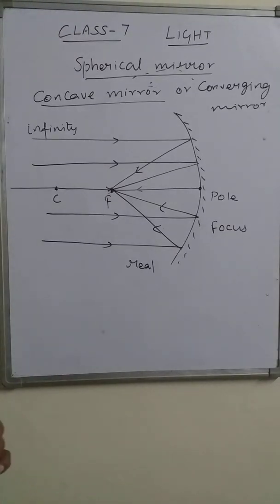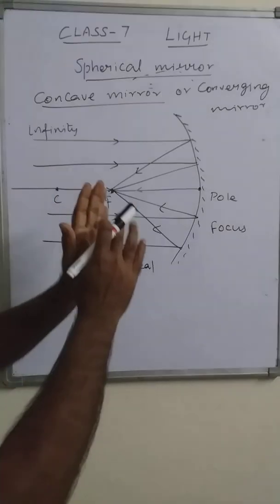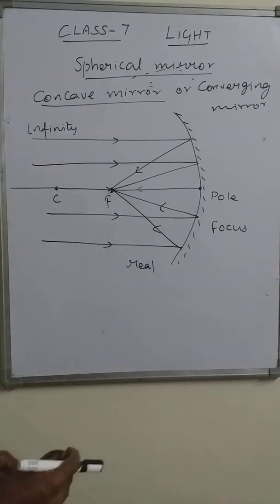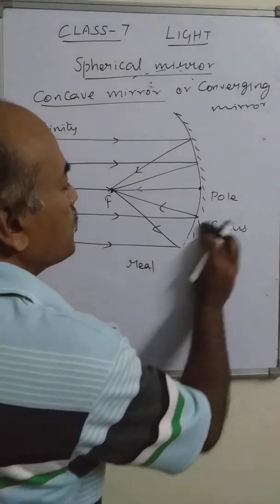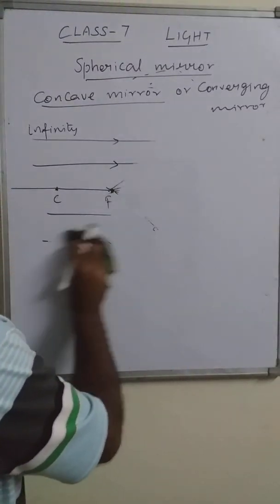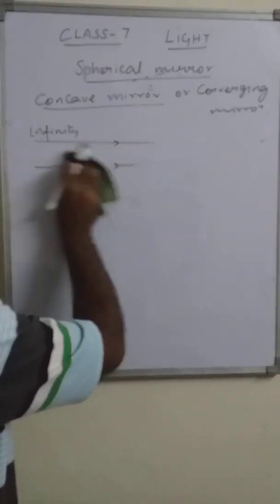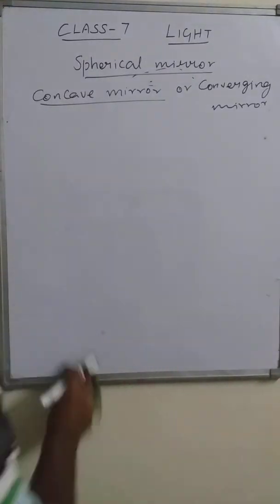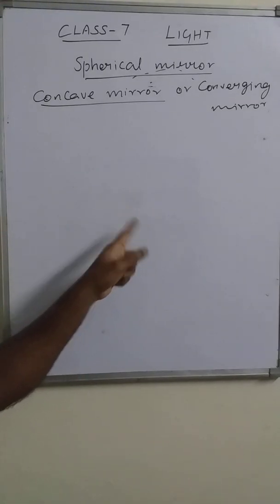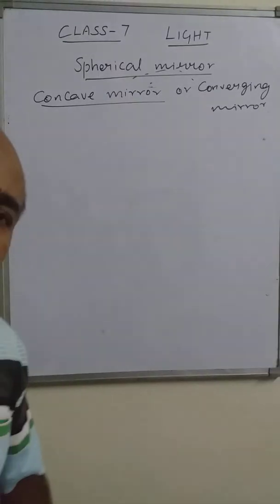Now we are going to bring that object closer to this mirror. In that case also the image is formed, but the nature of the image formed for the infinite position and for other positions will be different.